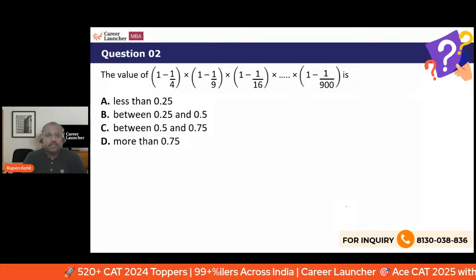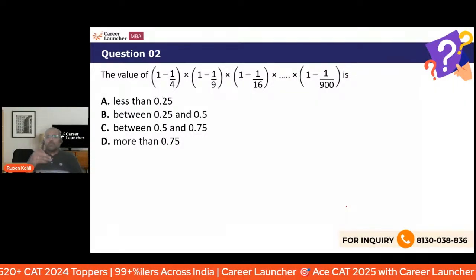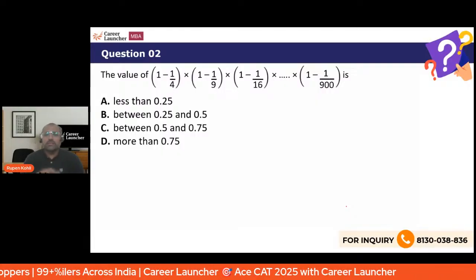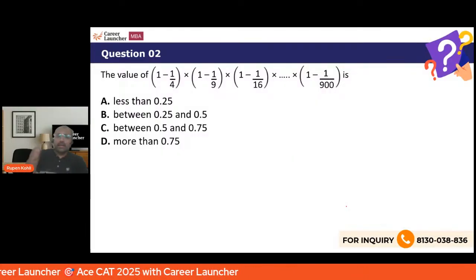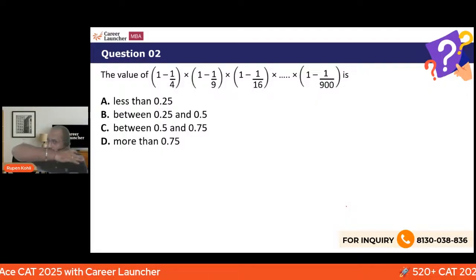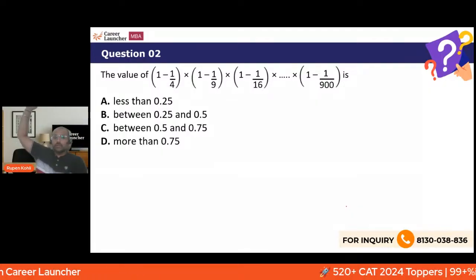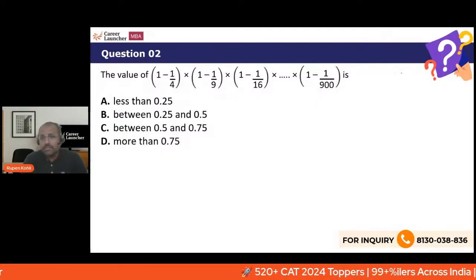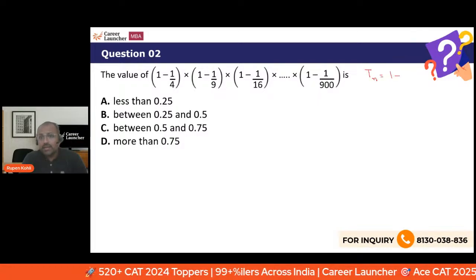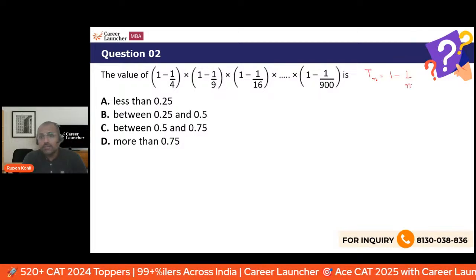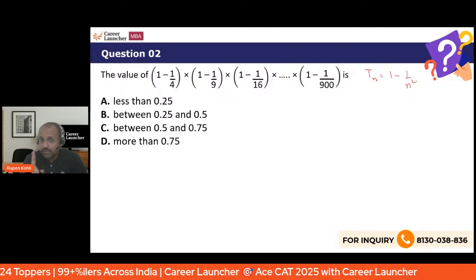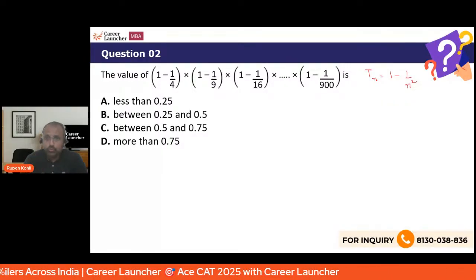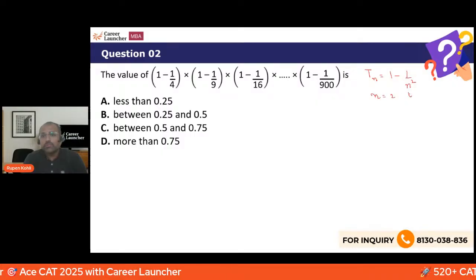All right. Now, this is a product. This is not a summation that we have to do. However, there is a sequence attached to it, and we have to do the product of all the terms of this sequence, where the nth term is 1 minus 1 by n square, where n starts not from 1 but from 2 and goes up to 30.